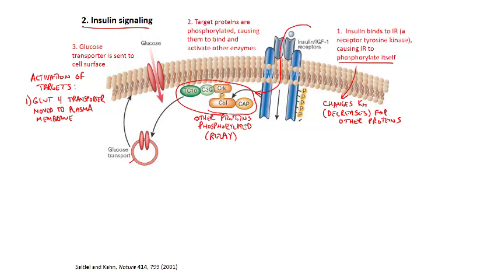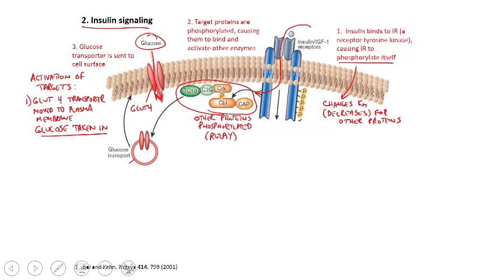So that now in our plasma membrane, we have a whole bunch of these GLUT4 channels ready to take glucose in from the outside of the cell. So that checks our box for glucose being taken into the cell. So we've already accomplished one of our goals.